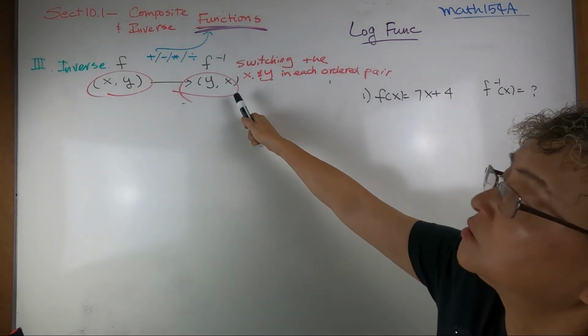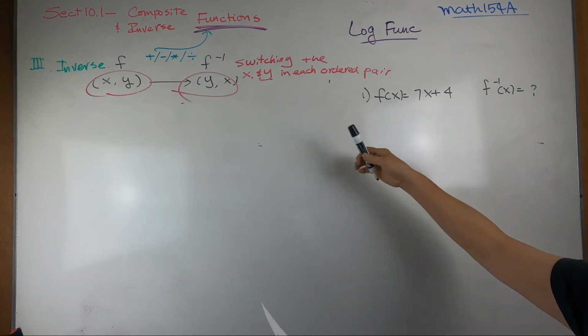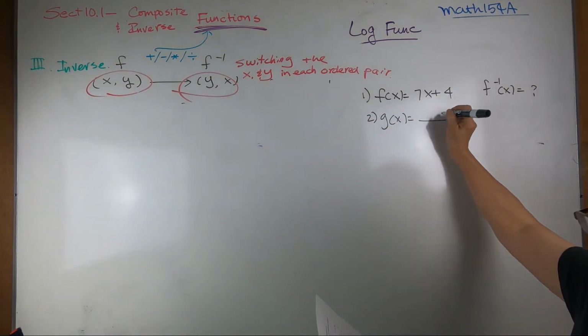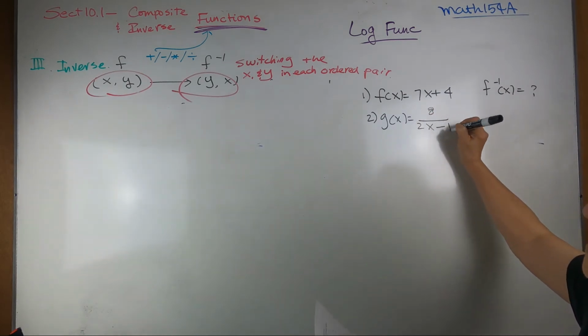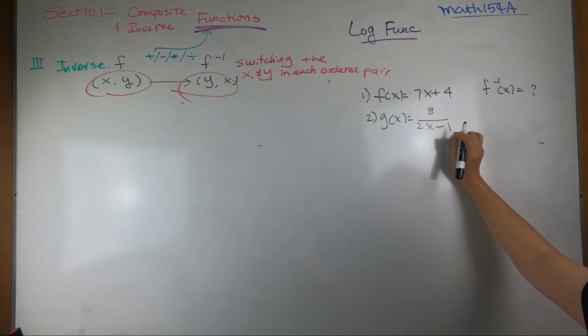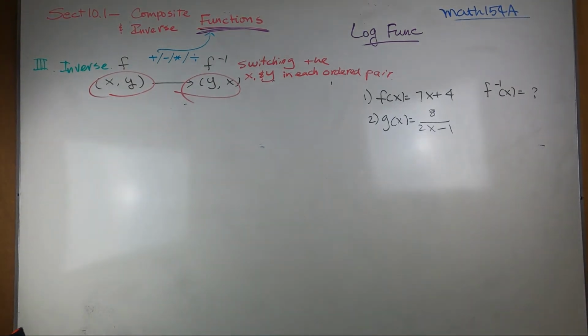So it's not ordered pairs. If it's ordered pairs, you can do it right away, right? If you have a situation like this, it's more complicated. Okay? But for graphing, you might be able to do it.